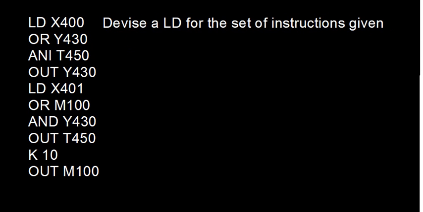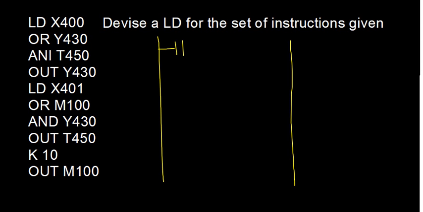So now on the same grounds of what we have seen in our previous example, let us try to draw the ladder diagram for this example as well. Now I would draw the rungs here, the power rails. So LD X 400.